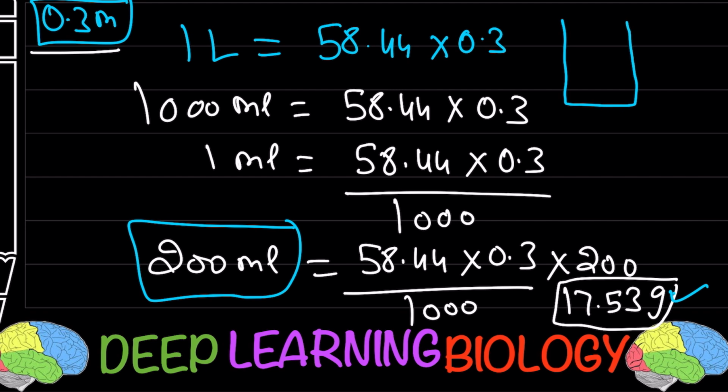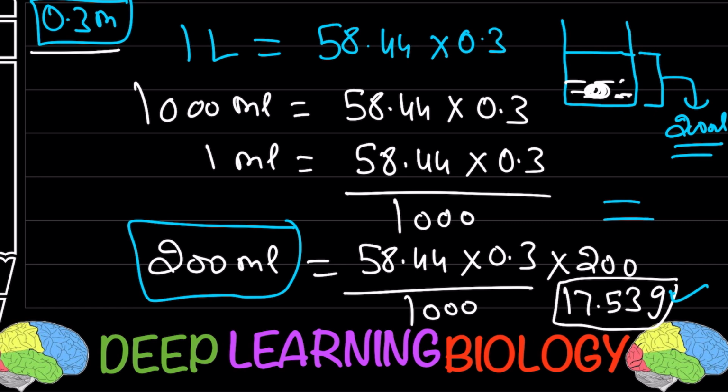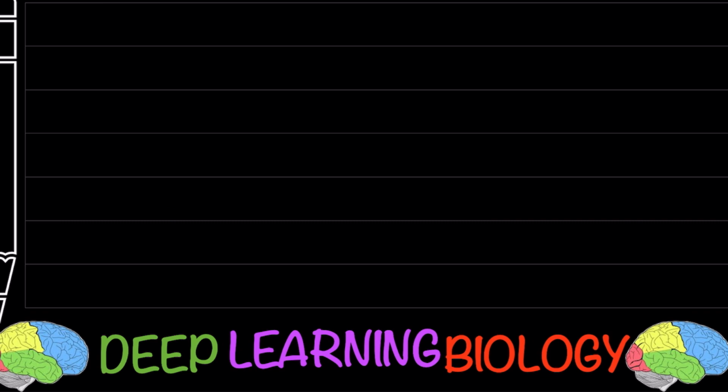You take 17.53 gram, dissolve it in a small amount of water, and finally make the volume 200 ml. So this way you prepare 200 ml of 0.3 molar NaCl. Okay, clear?